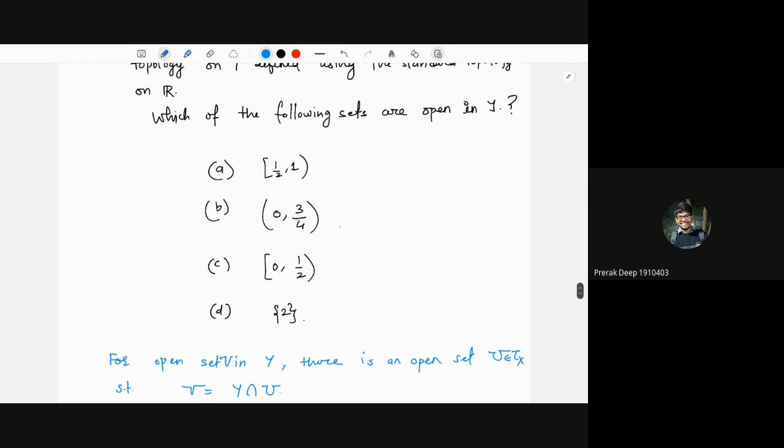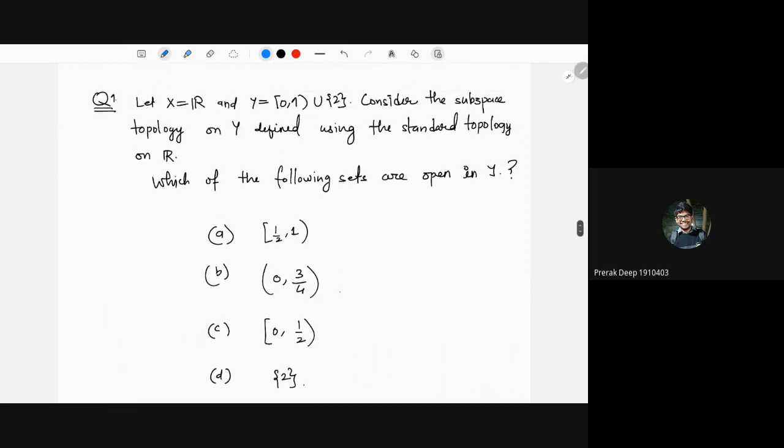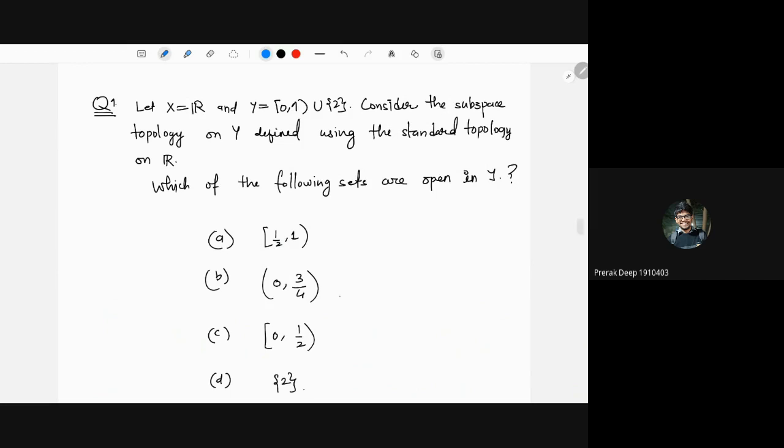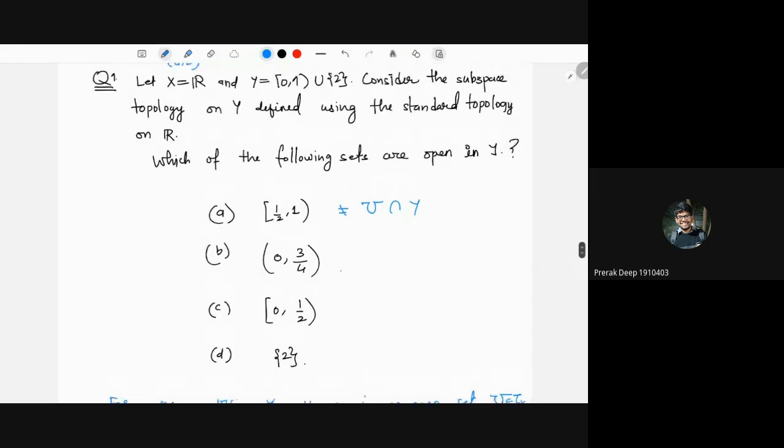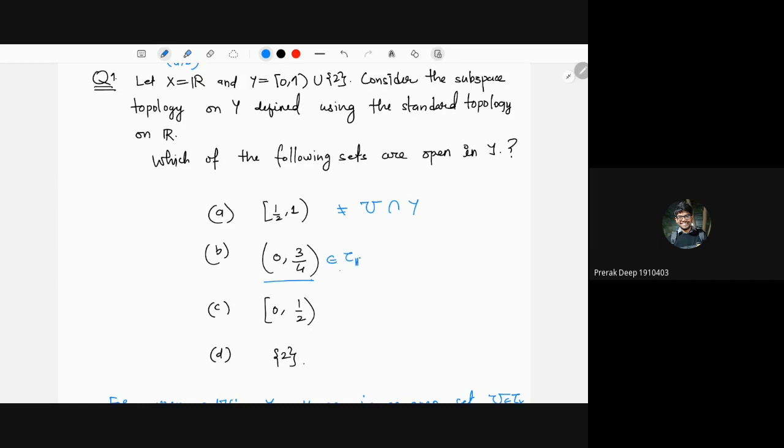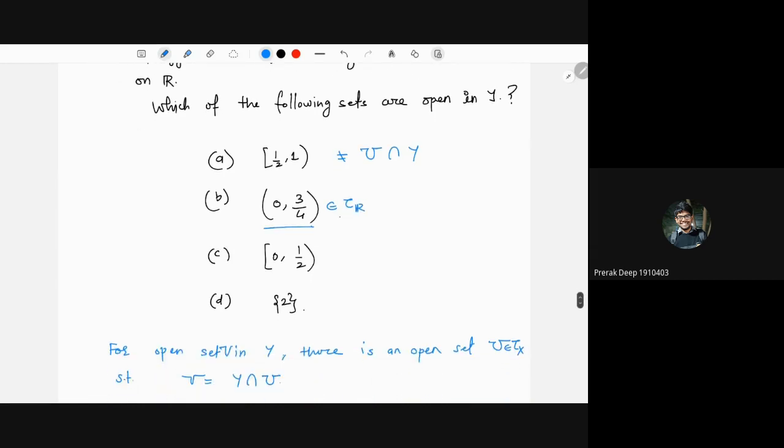So if we can find such an open set for any of the options, then we are done. For example, in case of option one, there cannot be any, because in our original space the open sets are nothing but the open intervals, their finite intersections, and their arbitrary unions. So there is no open set whose intersection with Y can be written like this. But in the case of B, this is itself an open set in the normal Euclidean topology, so this is fine, and if we intersect it with Y, we get the same thing.